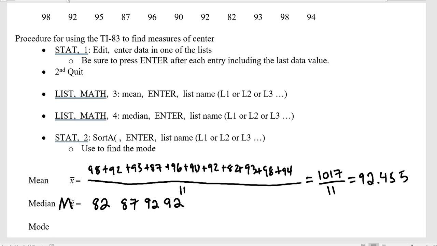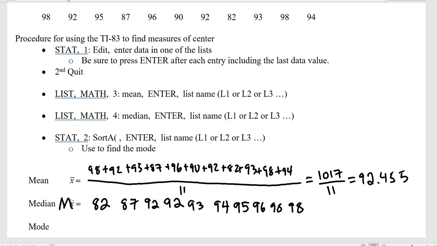Then we have 93. And we have 94. We have 95. 98. Nope, we have a 96. The 98 shows up twice. And I think that's it.